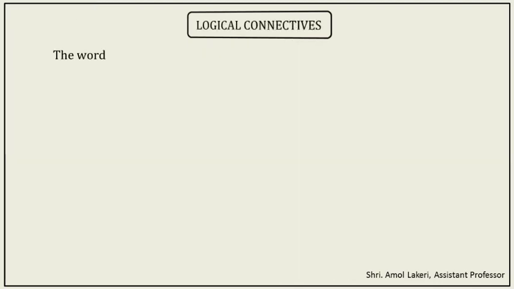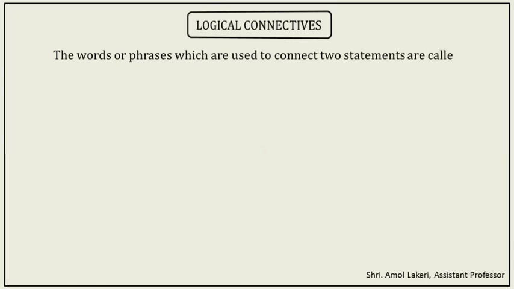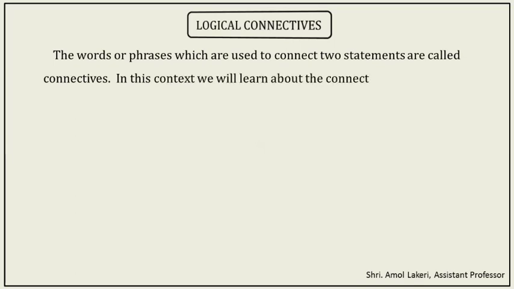So we define logical connectives: the words or phrases which are used to connect two statements are called connectives. In this chapter, we will learn the connectives and, or, if then, if and only if, not.